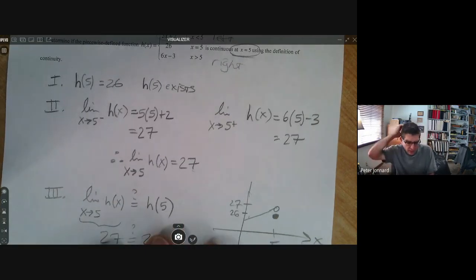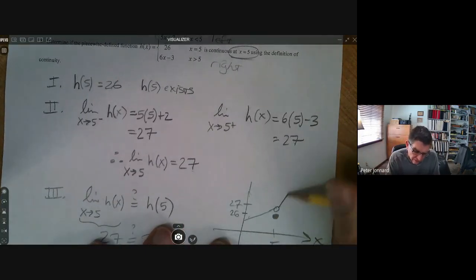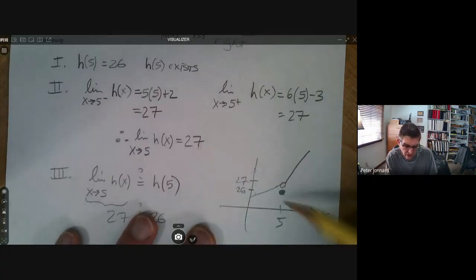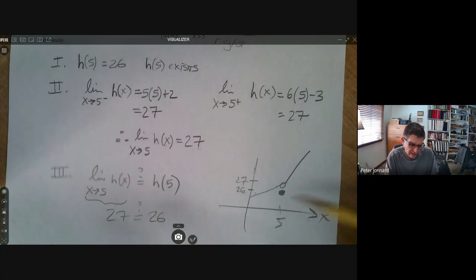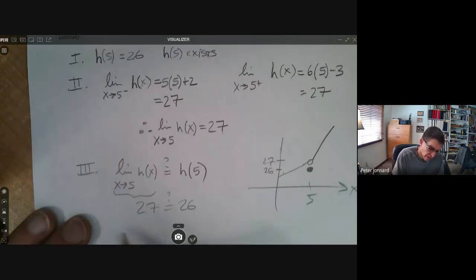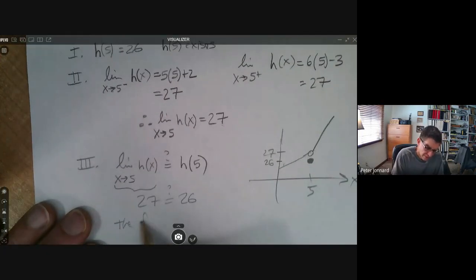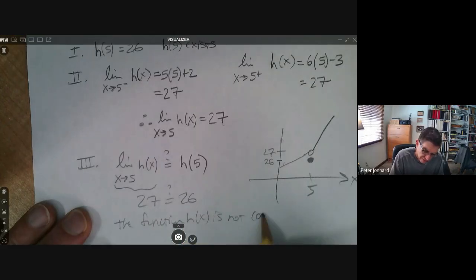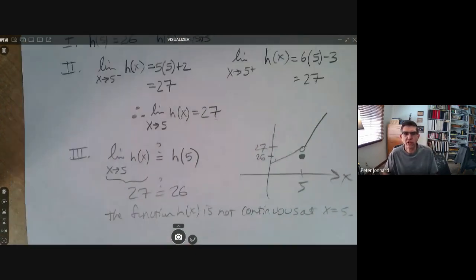And then at that point, this thing extends off like so. So basically, we have what's called a removable discontinuity. There's just a point discontinuity in this thing. At 5, this thing bounces around. And so therefore, the function h of x is not continuous at x equals 5. So pretty straightforward.